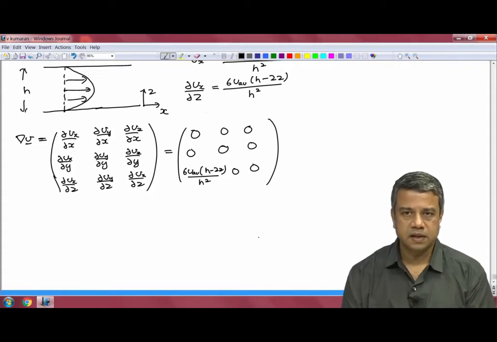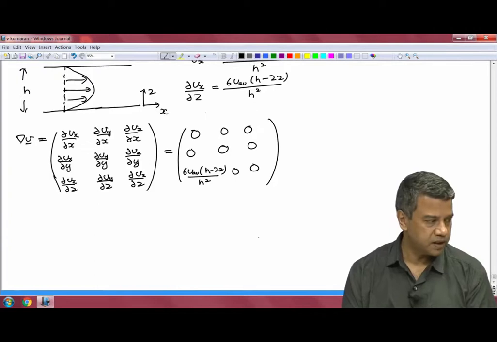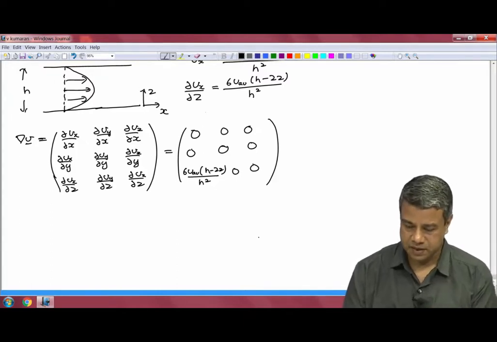And now this can be decomposed into symmetric traceless, antisymmetric, and isotropic parts. The isotropic part is 0 because the diagonal elements are 0. This is an incompressible flow, and for an incompressible flow, the divergence of velocity is 0, and therefore the trace of the rate of deformation tensor is also 0, for this particular case.